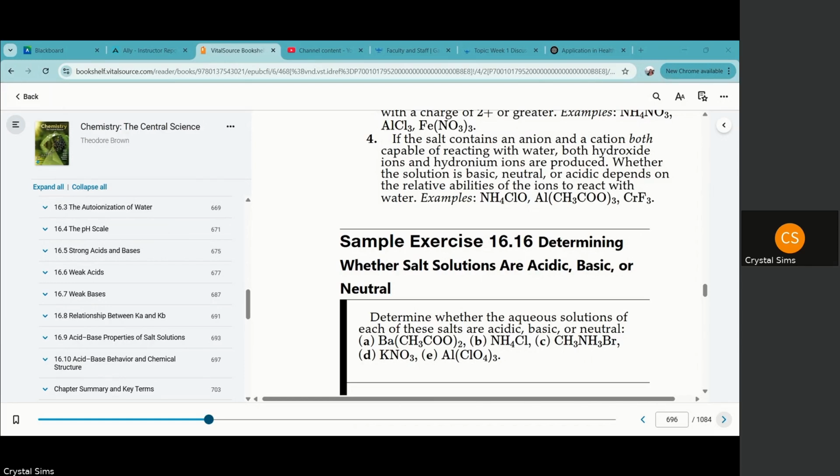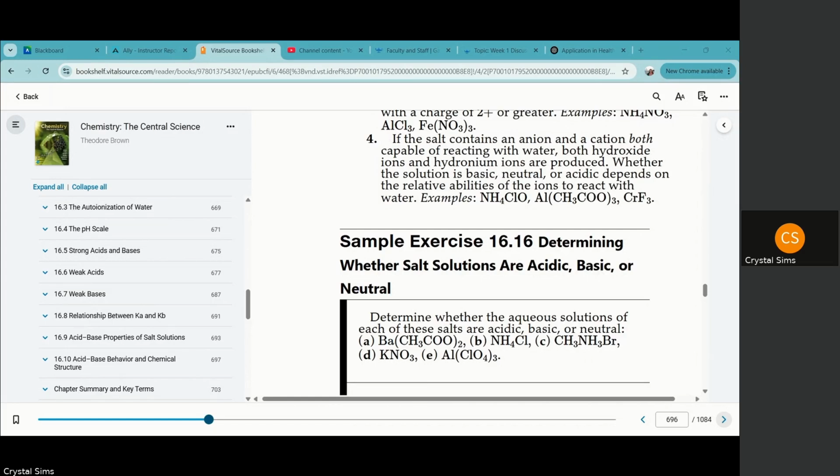So in your book on page 704, you will find 4 rules or 4 combinations to help you determine if a salt solution is acidic, basic, or neutral. And this is exercise 16.18, also on page 704 in your book.